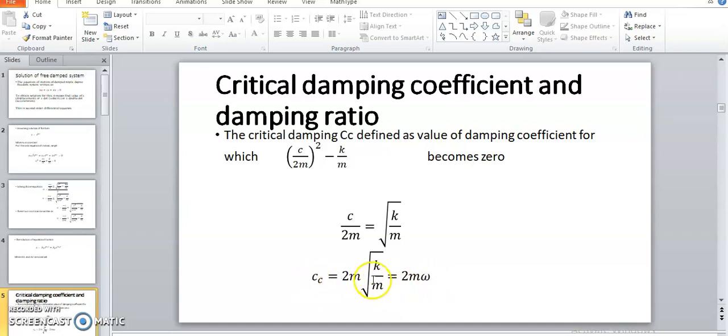Omega n is nothing but the square root of k by m, which is called the natural frequency.